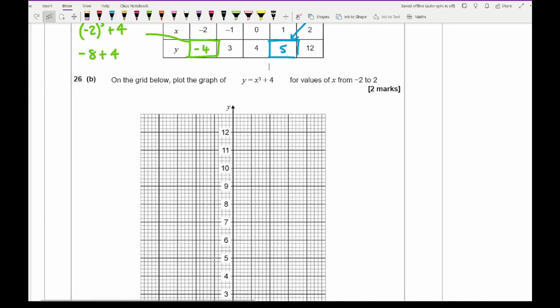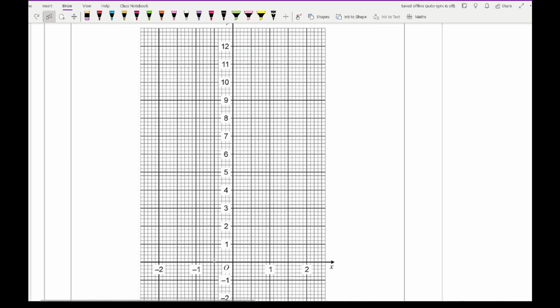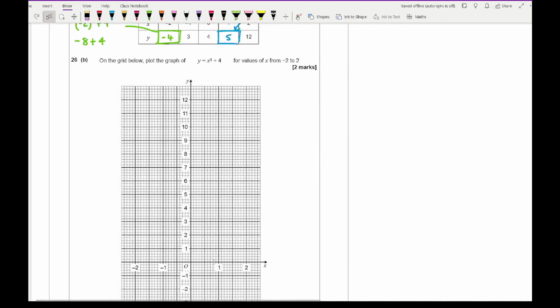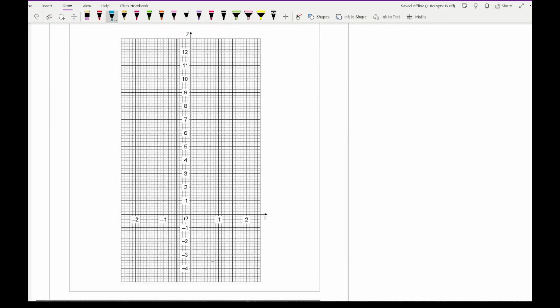So all that's left for me to do is plot those coordinates. If I just zoom out a little bit, I can see all of that. Now I'll do a little table of values on the side. So we've got minus 2, minus 1, 0, 1, 2, and y equals minus 4, 3, 4, 5, and 12. Plotting these points, I've got minus 2, minus 4, which is here.